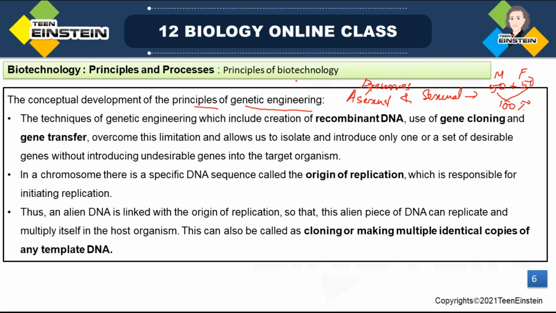But here comes the importance of genetic engineering. In sexual reproduction we said desirable and undesirable genes both pass to the next generation. With the help of genetic engineering techniques, we can create a desirable combination.